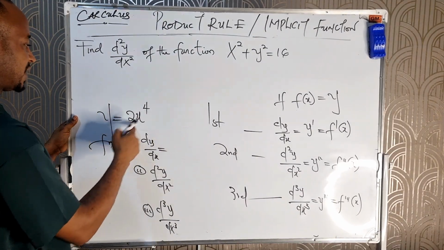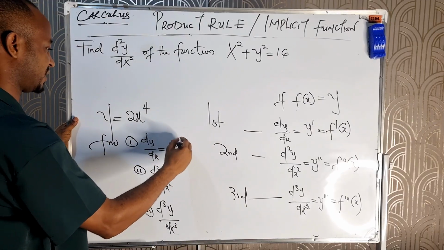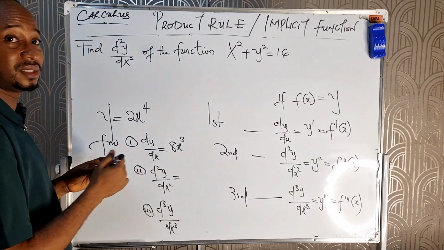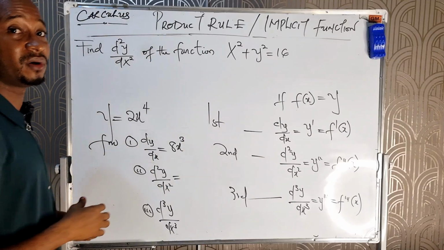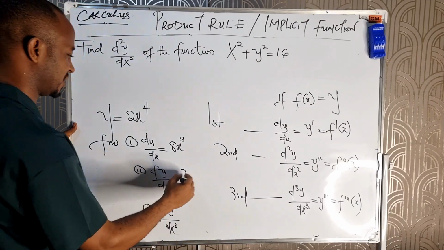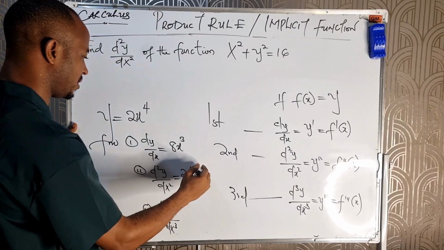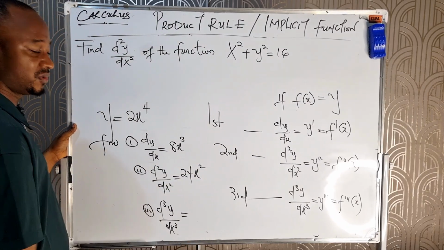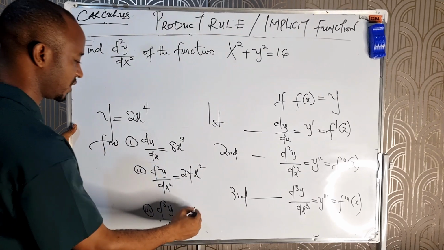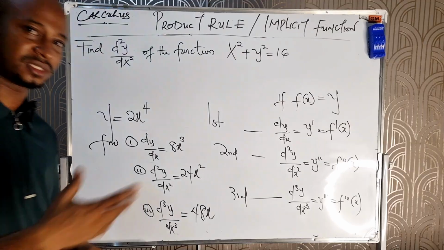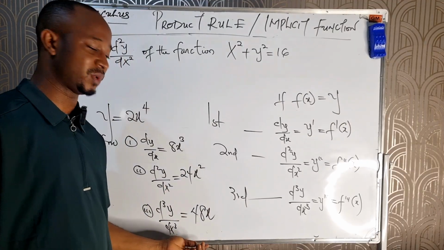That will give us 4 times 2, which is 8x to the power of 3. To find the second, I further differentiate 8x to the power of 3, and that will give us 3 times 8, which is 24x squared. The third derivative function gives 2 times 24, which is 48x. If there is a fourth, by the time we further differentiate this, we have 48.